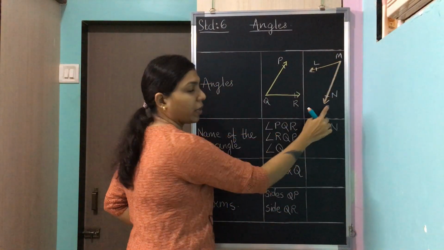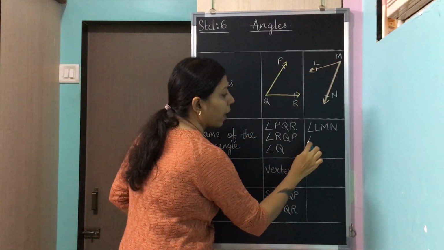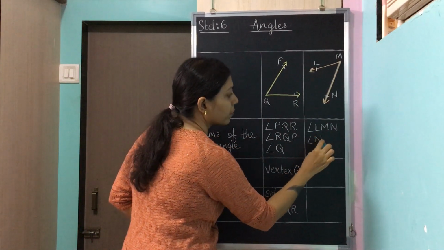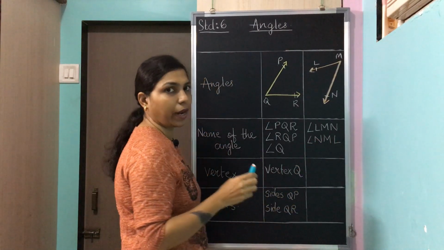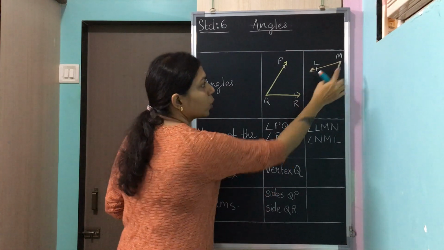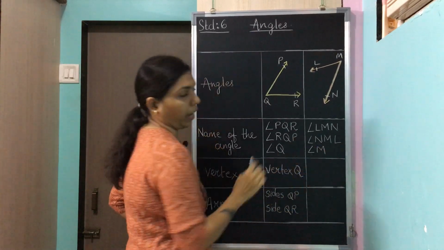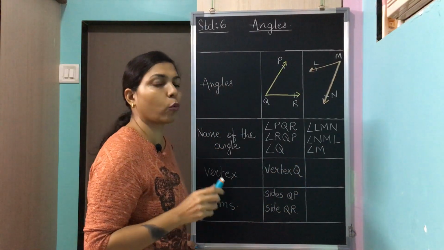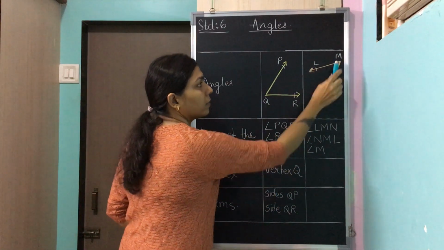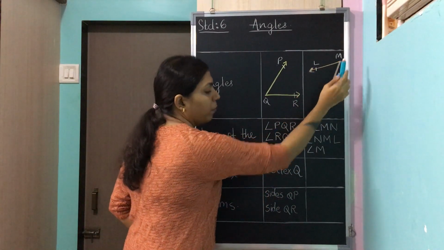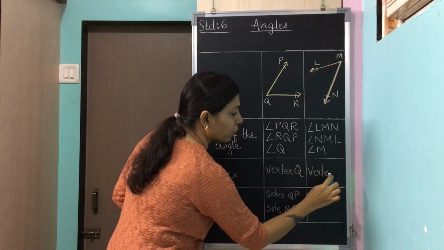If I start naming it from the other side, I can call it angle NML, or I can just name it using the vertex, which is angle M. Which is the vertex? The point at which both the arms are meeting. Both arms meet at point M, so your vertex is point M.